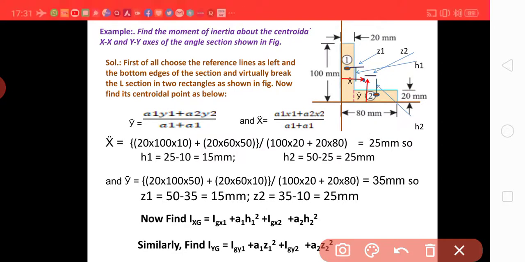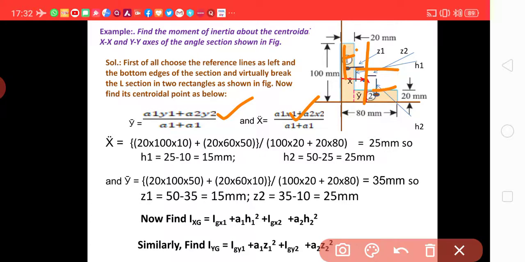Now find the centroid of the complete L-shaped lamina by applying these two centroids. Now find the distance of the centroids of section 1 and section 2 from the common centroid. This distance we have to find out, then this distance.